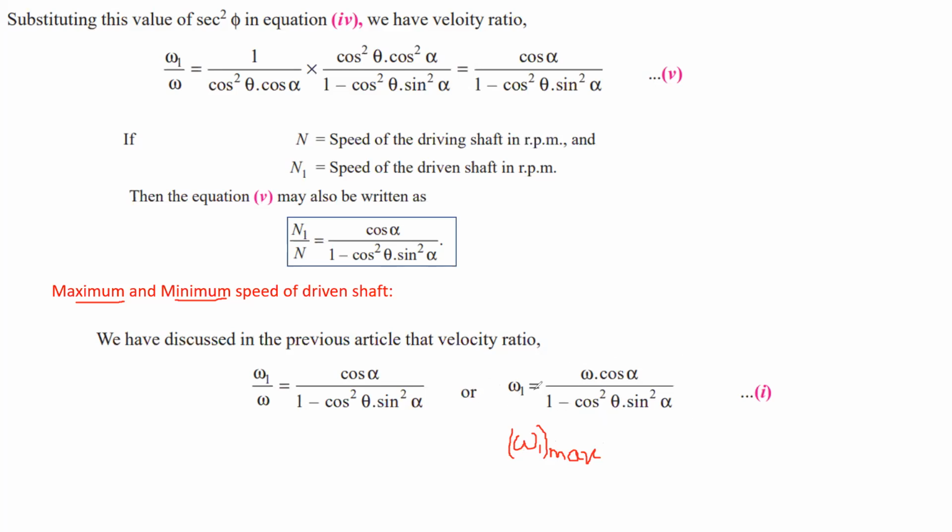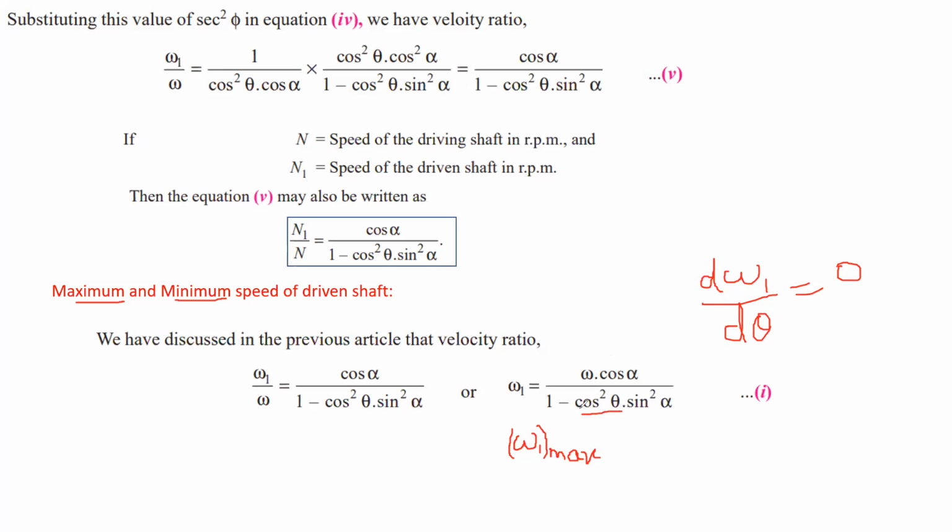There are other conditions also: as omega 1 varies with theta, you can also take the derivative for maximum or minimum condition, d omega 1 upon d theta should be equal to 0. But you don't need to differentiate so far. Just concentrate on this expression, how omega 1 depends on the value of cos square theta.